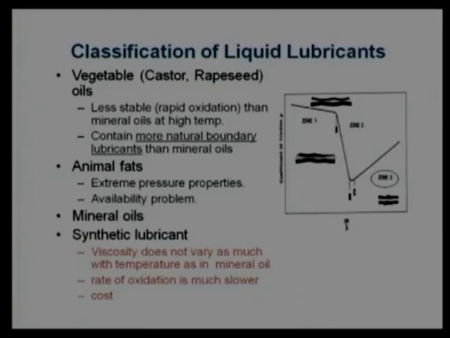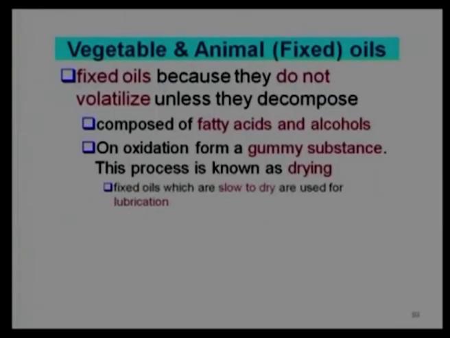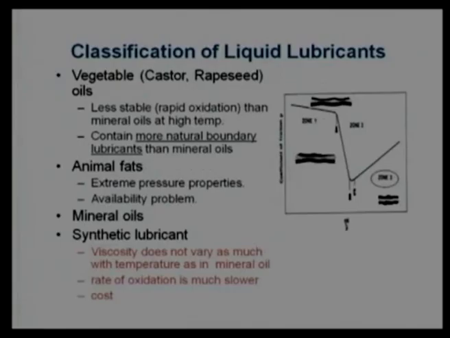However, vegetable oils have one good quality, that is, they contain more natural boundary lubricants. They are good additives for high load applications. Coming to the animal fats, one of the major drawbacks about animal fat is availability. With the stringent norms, government rules, it is very difficult to find out lubricants from animals unless available in one way or another form.